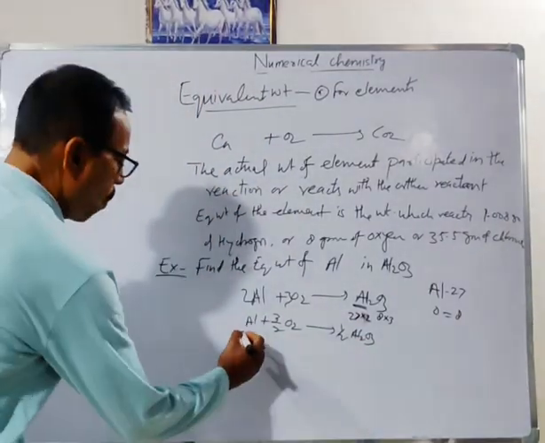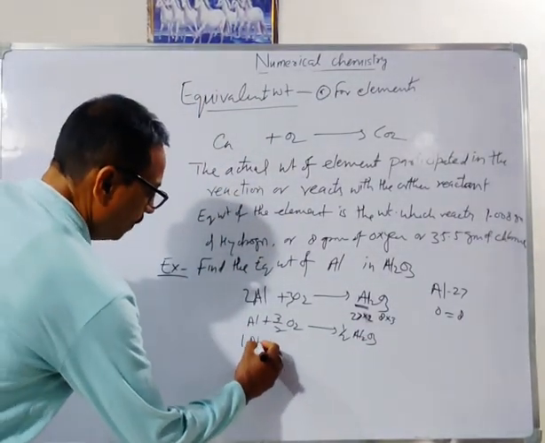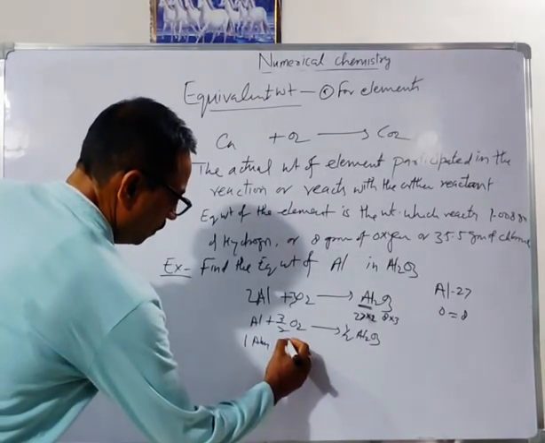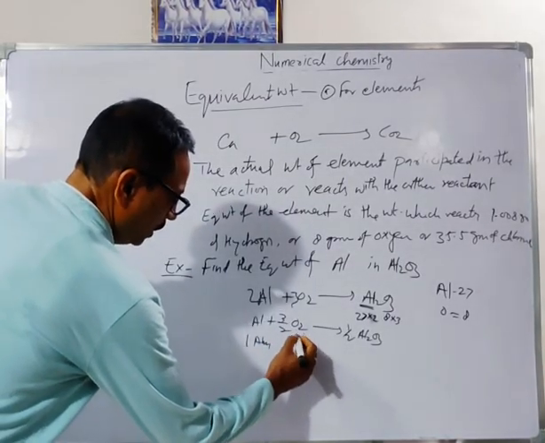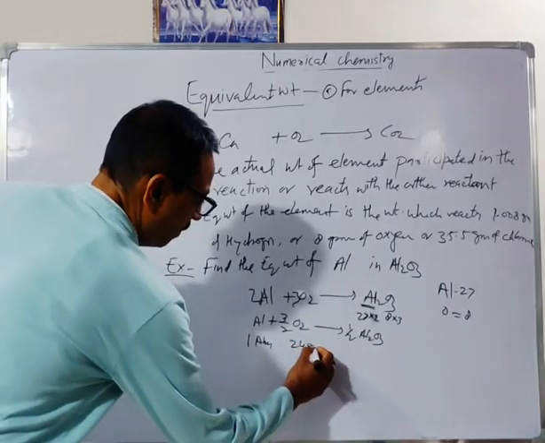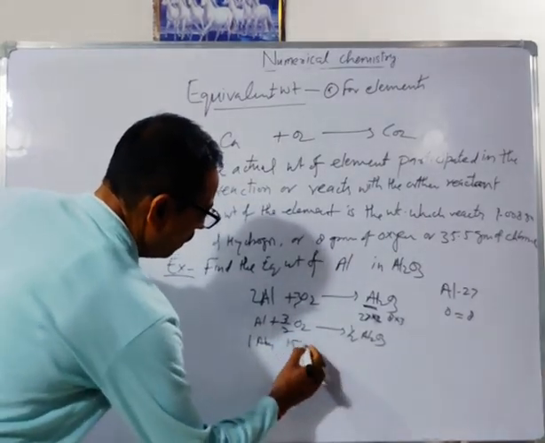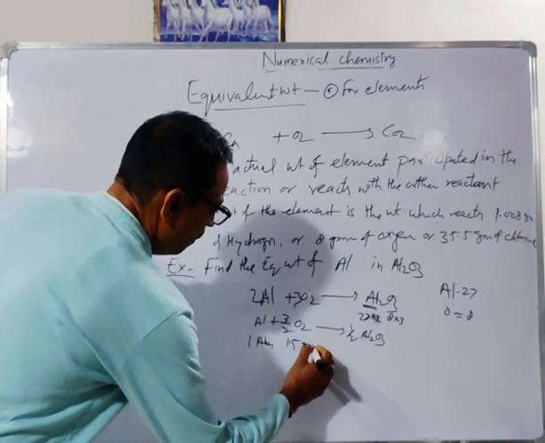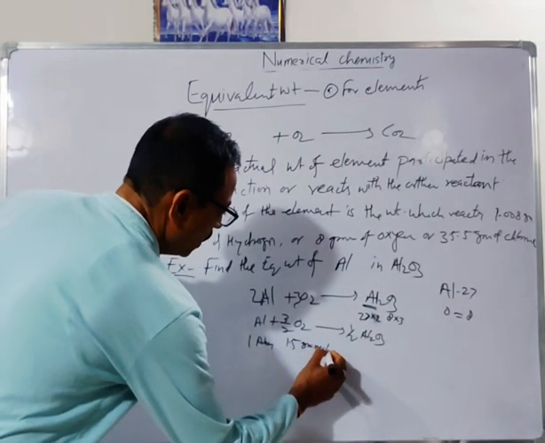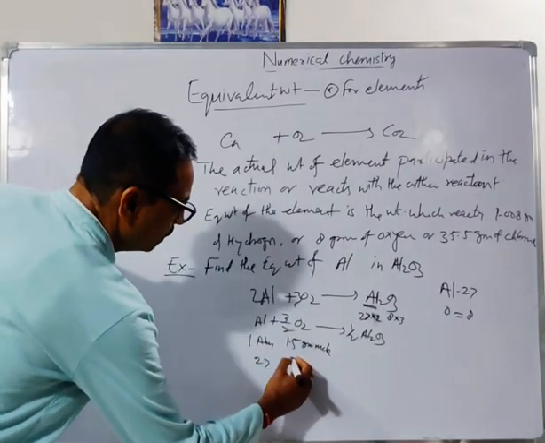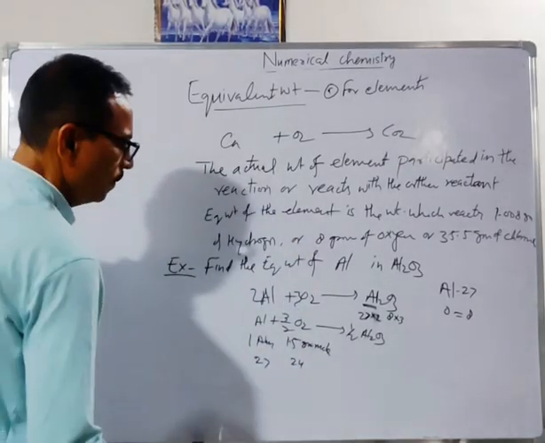It means one atom reacts with this 24 gram, that is 1.5 moles or gram atoms, you can say gram moles. So weight of aluminum is 27, and this is 24 gram.